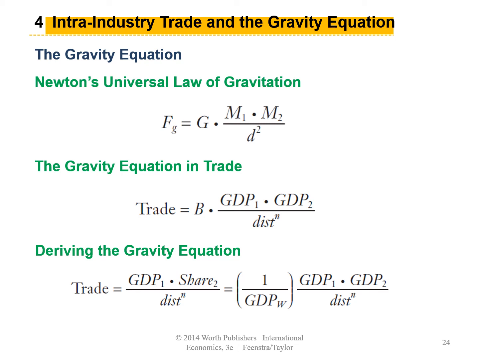Well, it turns out in trade, the flow of trade between two countries can be predicted by a coefficient B times the GDP of one country multiplied by the GDP of a second country divided by distance raised to some power, which could be the power of 2 or some other power.